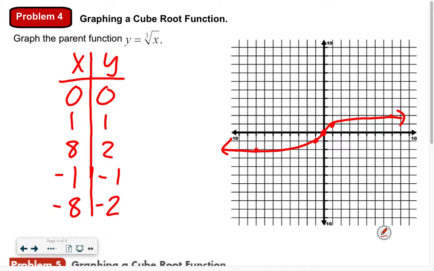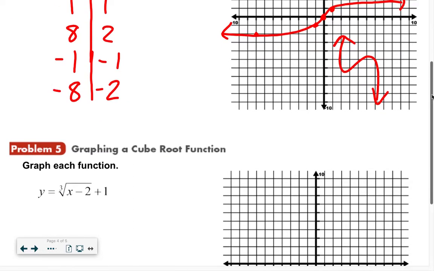You guys remember what our cubed function looks like? You remember doing those? Looks kind of the same a little bit, doesn't it? On its side, maybe? Weird.